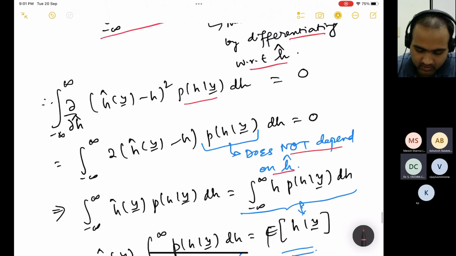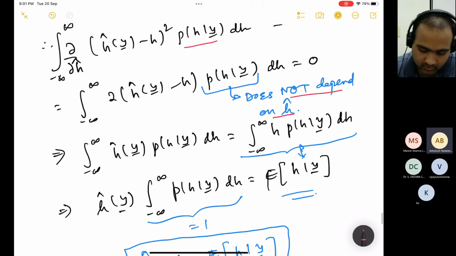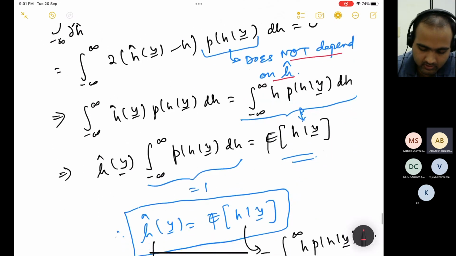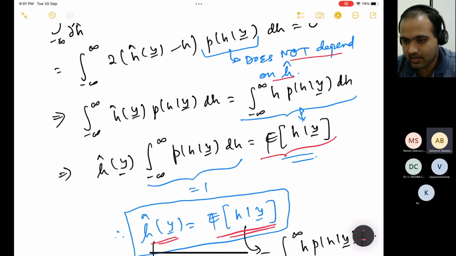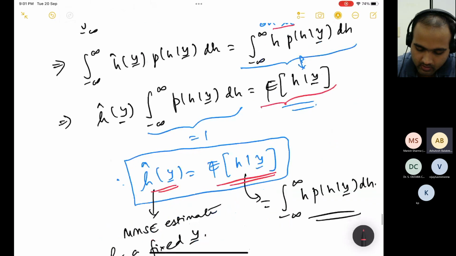So we differentiate it, and if you solve, you take the negative to the right hand side and it becomes positive. If you equate it, what we'll basically get is that h hat of y is the expectation of h given y, which is the integration of h p(h given y) dh.